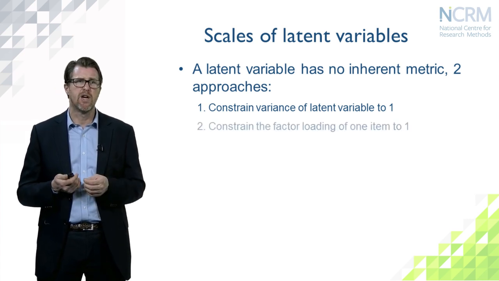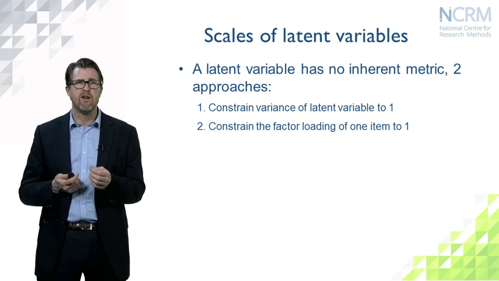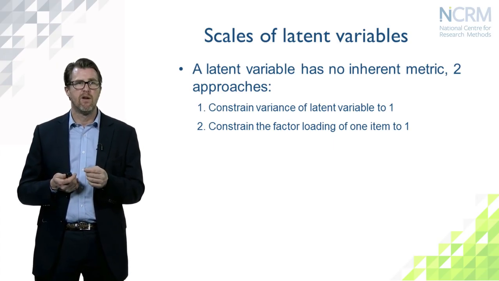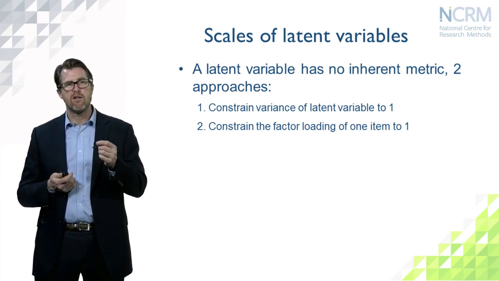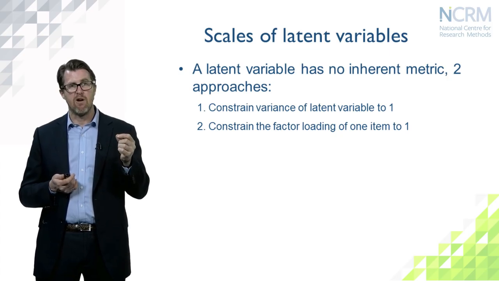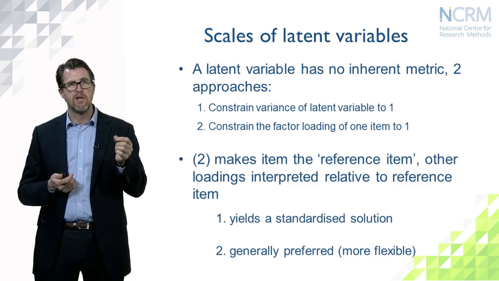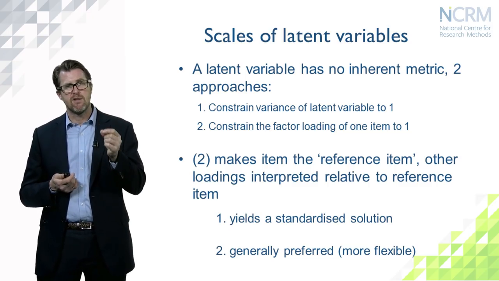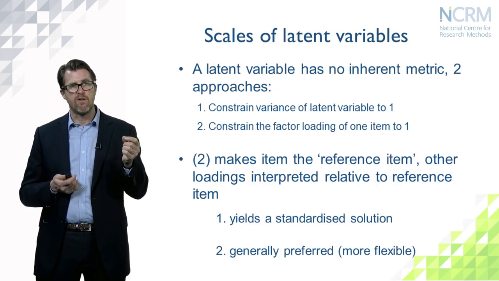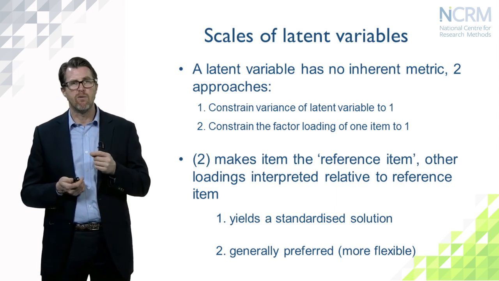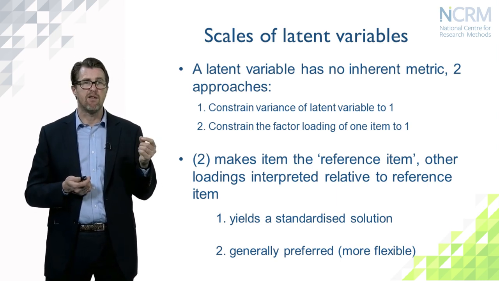So the second approach is to constrain one of the factor loadings to take the value 1. And by doing this, we take the scale from that particular item, which we'll call the reference item. So if we fix the factor loading of a particular item to 1, then that will be the reference item, and the latent variable will have the same scale as that item.